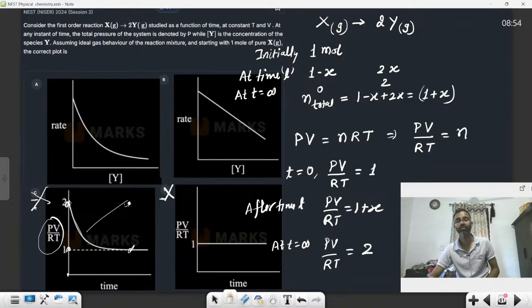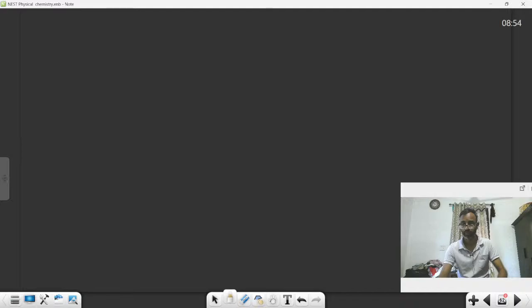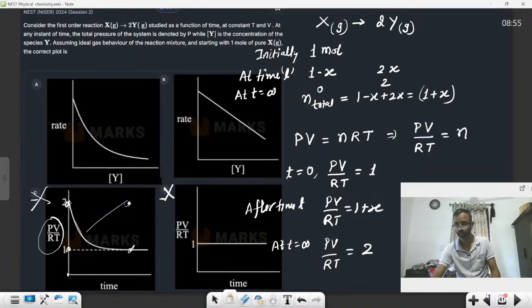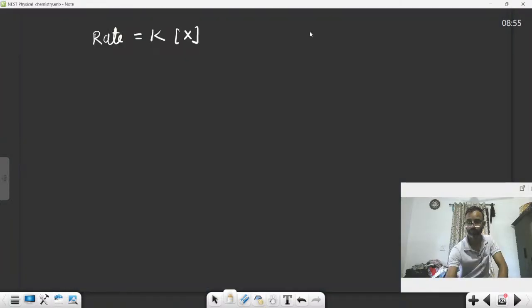Now come to rate versus Y. Actually it is a first order reaction. So for a first order reaction, what is rate? Rate is equal to K into concentration of X, that is the reactant. But we have to write it in terms of concentration of Y. So what is concentration of Y? Y is equal to 2X.